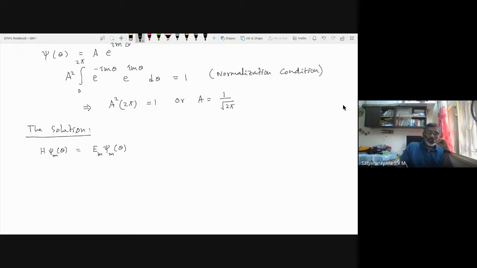So the solution of this equation is given by E_m is equal to h bar squared m squared divided by 2I, and psi m of theta is equal to 1 over square root of 2 pi times e to the power i m theta.